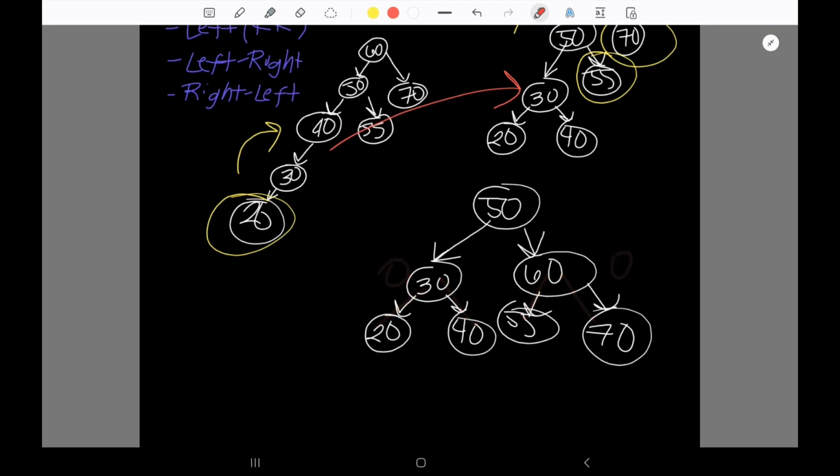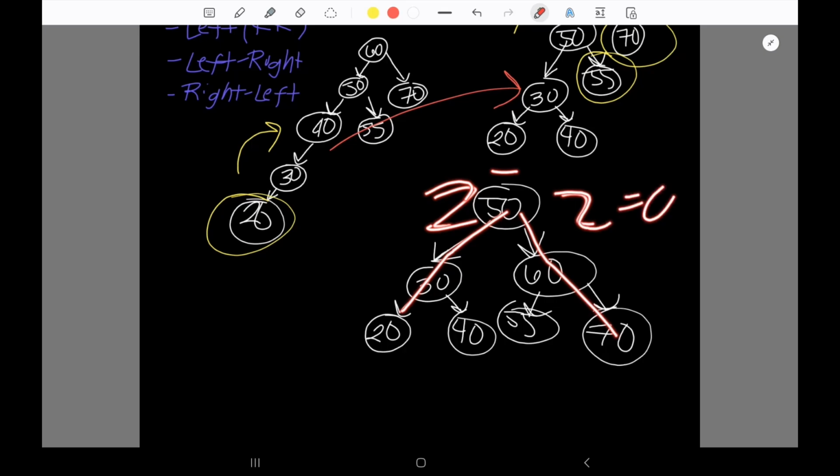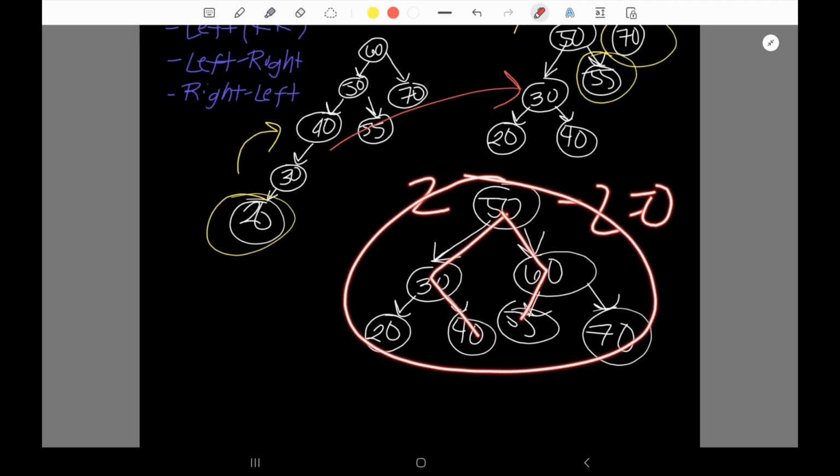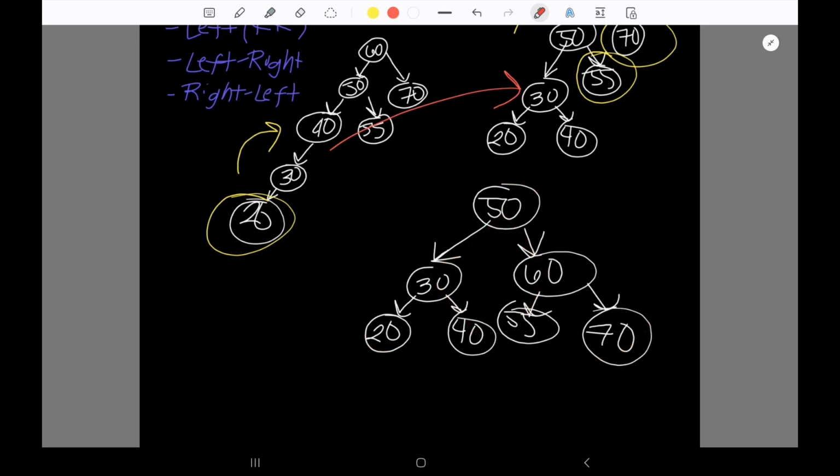How about 50? 1, 2, 2. 1, 2, 2. 2 minus 2, 0. So this is a balanced tree, guys. This is balanced. Yay! So now another example for left.